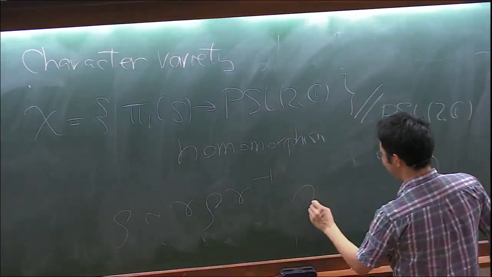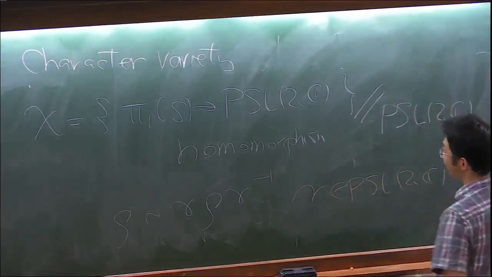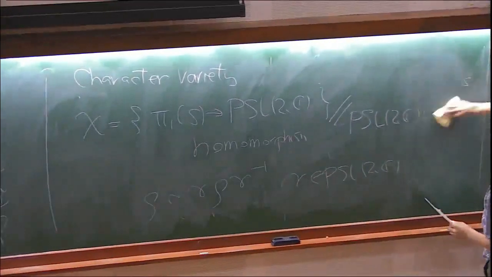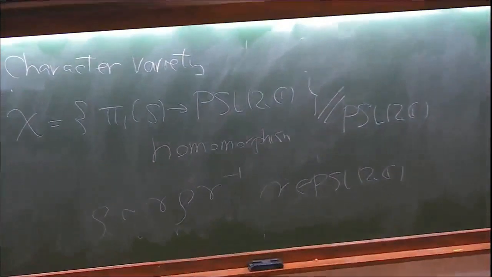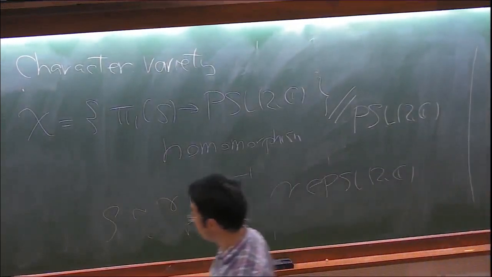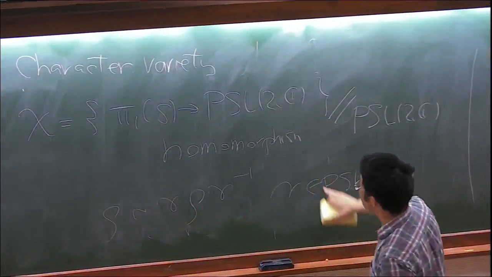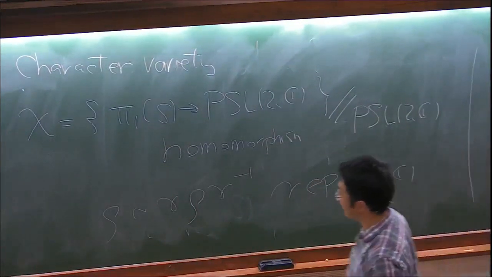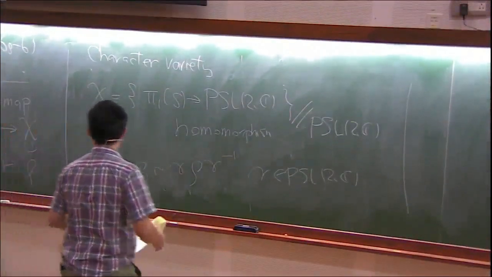And the gamma is in PSL2C. Are there any other typos? We have an affine algebraic variety, and a nice, very simple projection map.